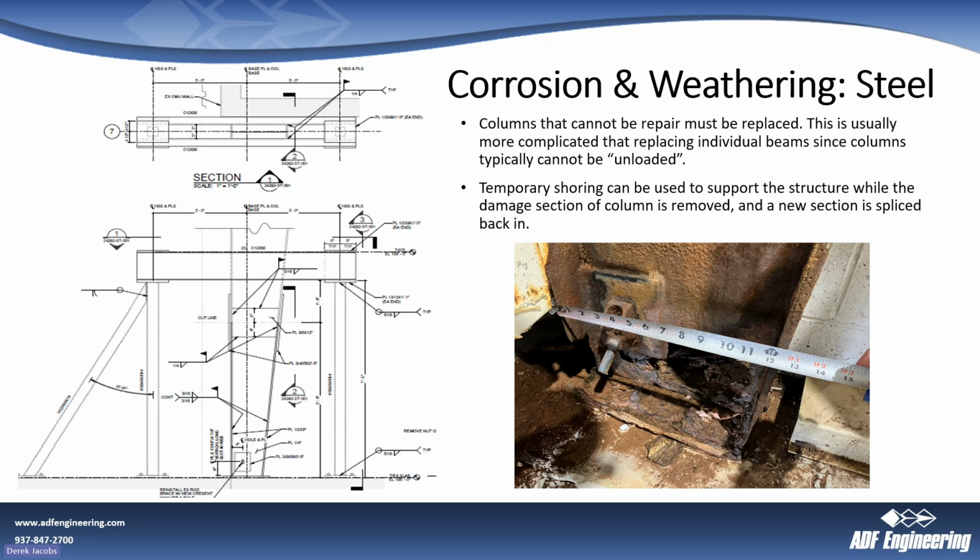This was temporary, put in place to support the load of the whole rest of the building while the part of this column was cut off and a new bottom section was fabricated and welded in. So obviously this is much more costly than the plates, which is why we talk about wanting to make sure that we catch these things early.